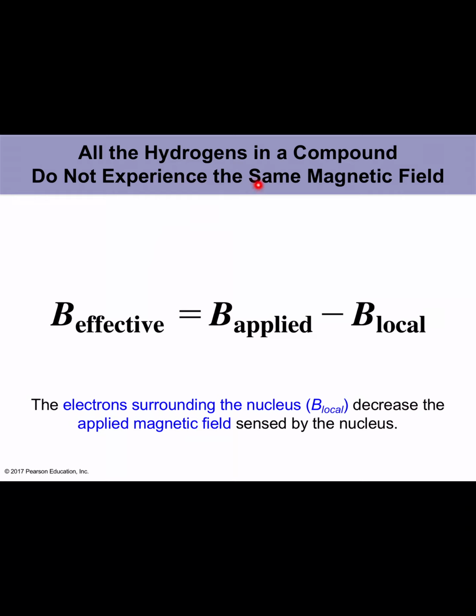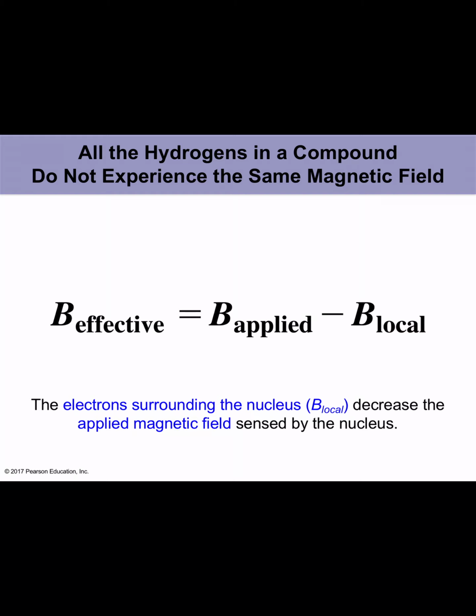All the hydrogens in a compound do not experience the same magnetic field. Now, B effective: is the magnetic field affected by the environment of the hydrogens? That depends on the applied magnetic field, which is the magnetic field coming from your instrument, and then you subtract the local magnetic field, which is the environment that the hydrogen is in within the molecule.